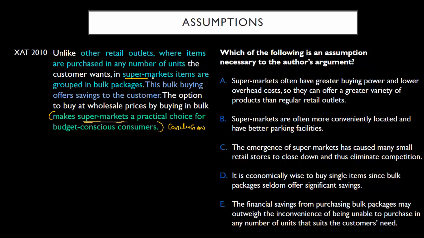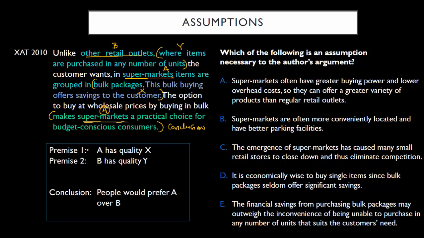And why? Because supermarkets offer bulk packages which offer savings, and in other retail outlets you can purchase items in any number of units. A good way to look at the argument is to consider supermarket to be A, other retail outlet to be B, the quality that supermarket provides is X, and the quality that other retail outlet provides is Y, and finally the argument has taken and said that A is better.